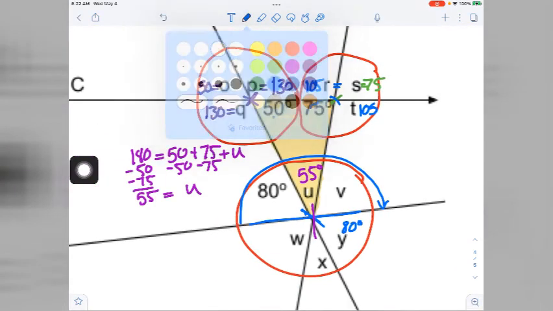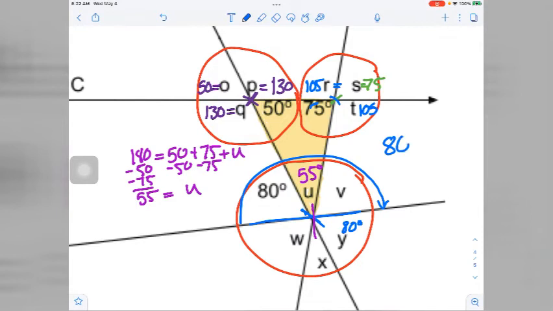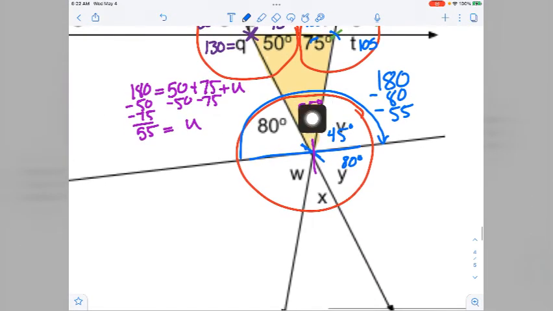I can do that same math: 180 minus 80 is 100, minus 55 is 45. This is one of those examples where the angles are definitely not to scale, because U appears to be a narrower angle than V, so it should have a larger number. But we said the angles aren't to scale, so this line did not actually come in at this angle.